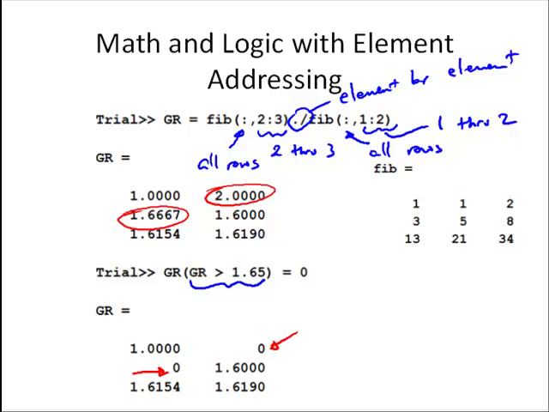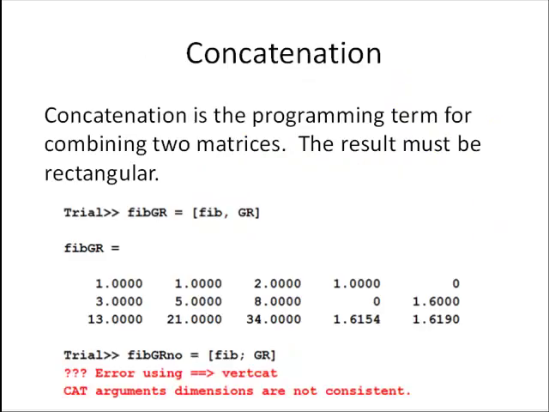One thing that you do a lot when you're working with matrices is a concept called concatenation. Concatenation is the programming term for combining two matrices. One key here is that the result must be rectangular.